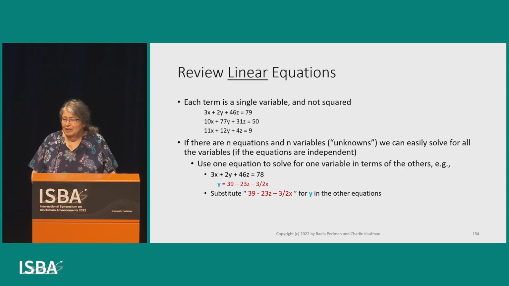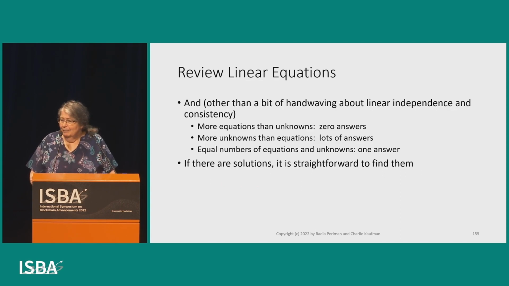You take one of the variables, in this case y, and use one of the equations to express y in terms of the other ones, plug that alternative representation of y into the other equations, and now you have n-1 equations and n-1 unknowns, until you eventually solve it. So that's how you solve these things.